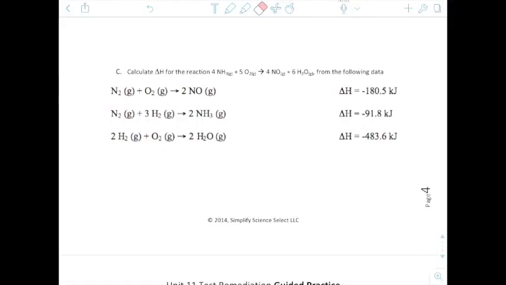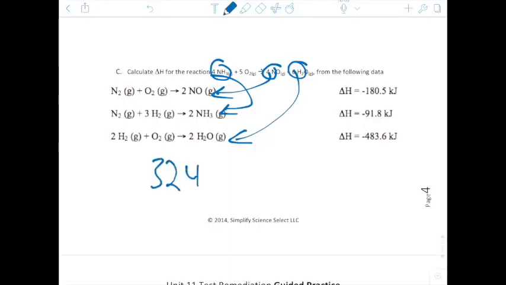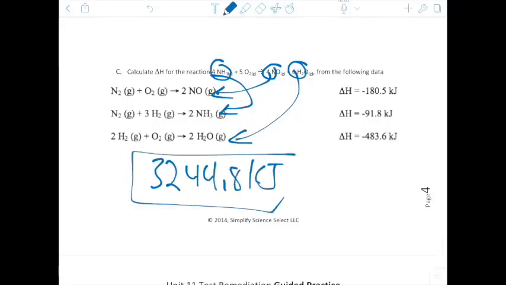The one thing to keep in mind here is that you have coefficients of 4 and 6 when dealing with our nitrogen monoxide and our water, and then also a coefficient of 4 for our ammonia, and it's products minus reactants, and we should get a value for this of 3,244.8 kilojoules for our delta H value.